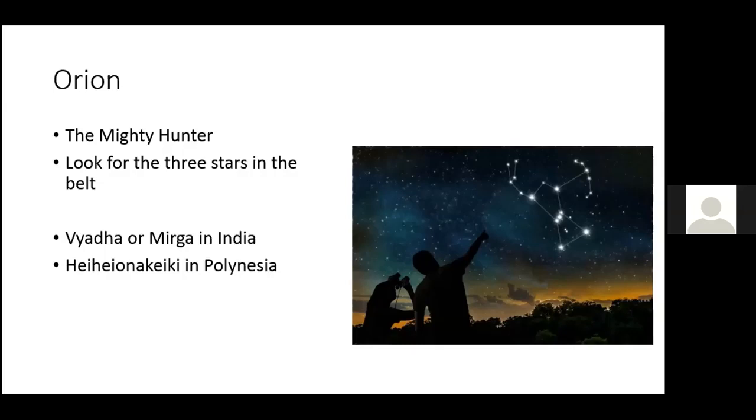This one also has different names. This constellation is called, I'm probably going to kill this, Yada or Murga in India, and, I know I'm going to kill this, Heihionakaiki in Polynesia. I'm sorry for the pronunciation, but a lot of these constellations are known in different cultures by different names, so it's important to understand that as well.